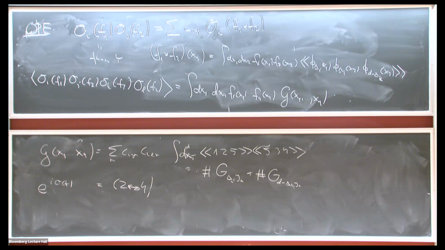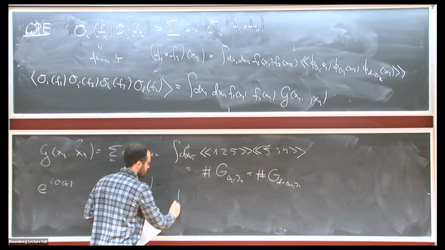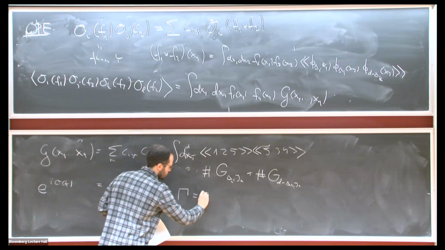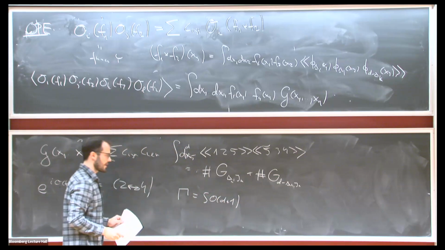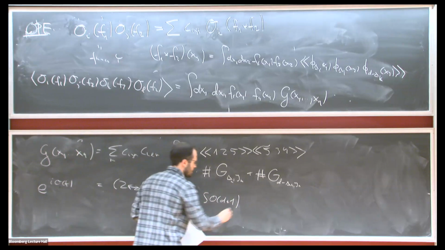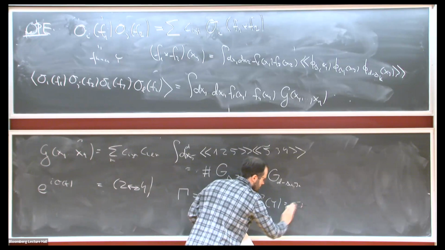Okay. By the way, a very simple example of all of this is when you do the hyperbolic manifold case, you choose gamma to be SO(d+1,1), and the spectrum is just the scalar principal series.